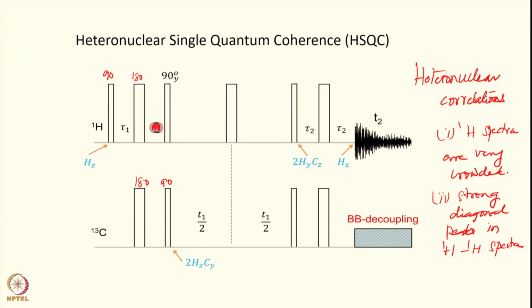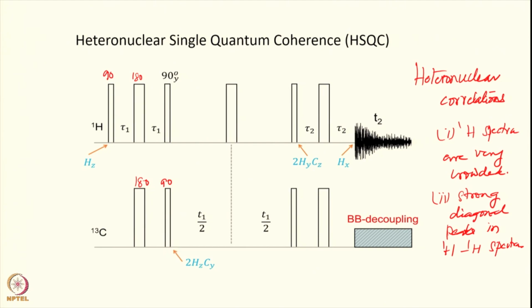During this period the proton magnetization is transferred from the Z magnetization to the transverse magnetization, and this will evolve during this period with the coupling to the X nucleus, the carbon 13 proton coupling. From here, by these two 90-degree pulses, the magnetization is transferred to the carbon. So this is the INEPT sequence.